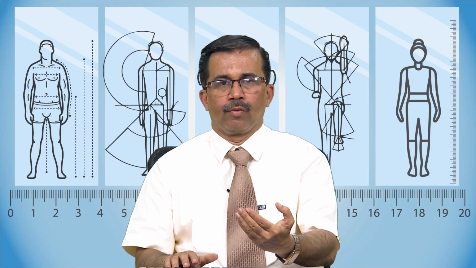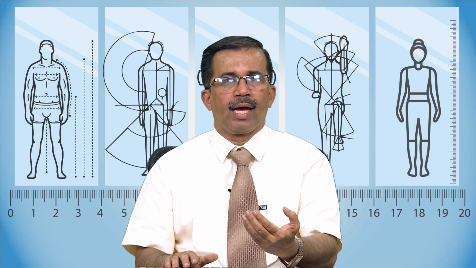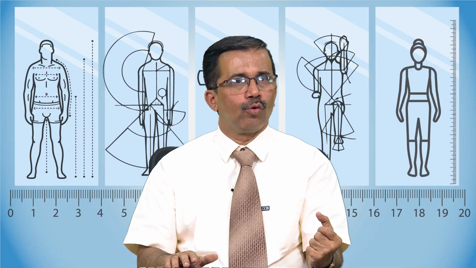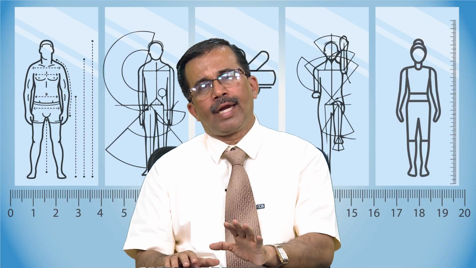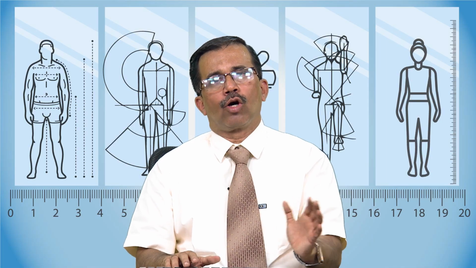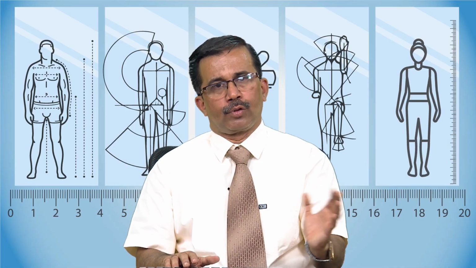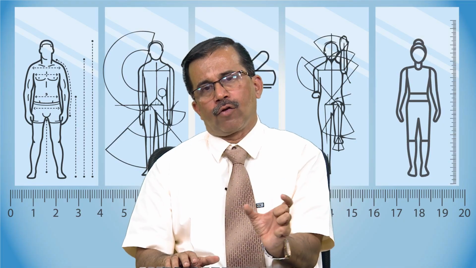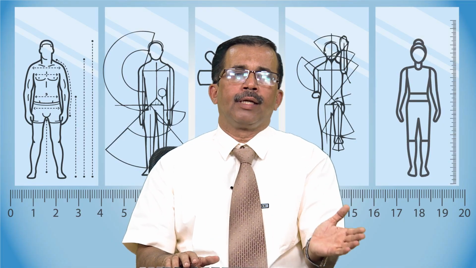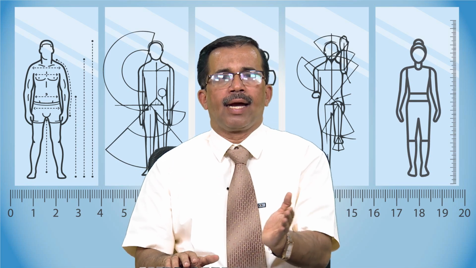Then we saw the weight for age index, used to categorize a child as underweight, overweight or obese, not just a child of 5 years, but the age group of 5 to 19. It includes both children as well as adolescents.